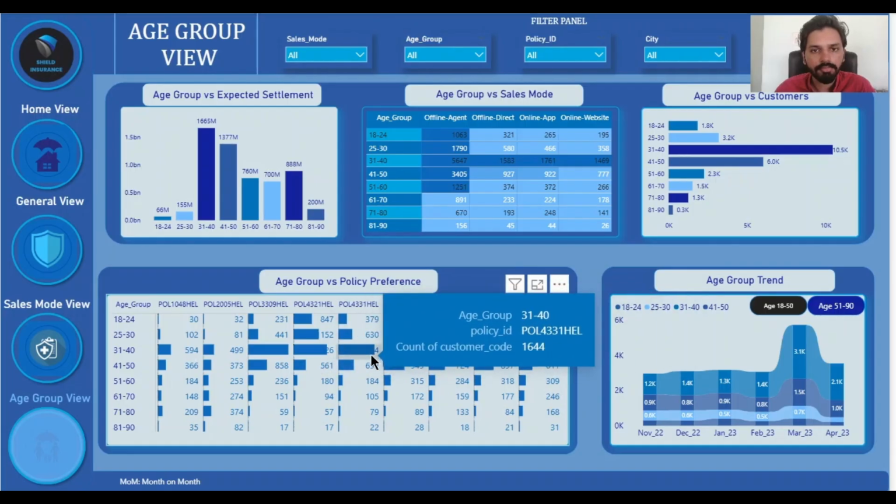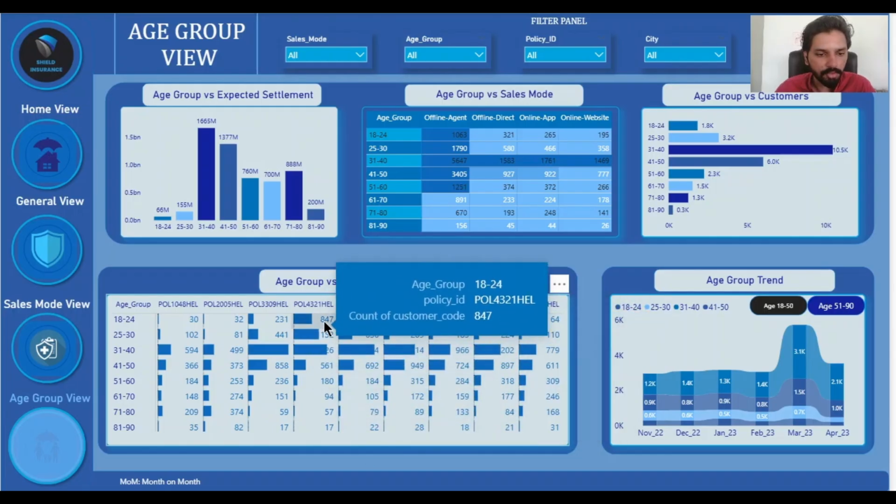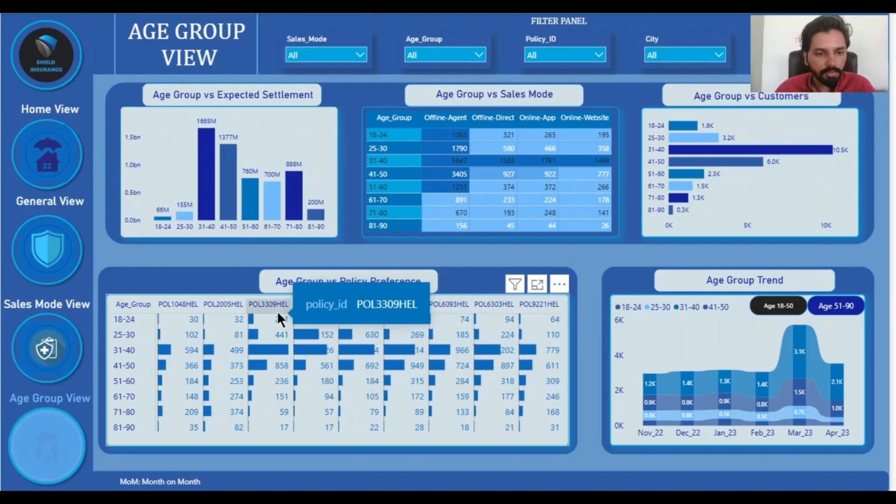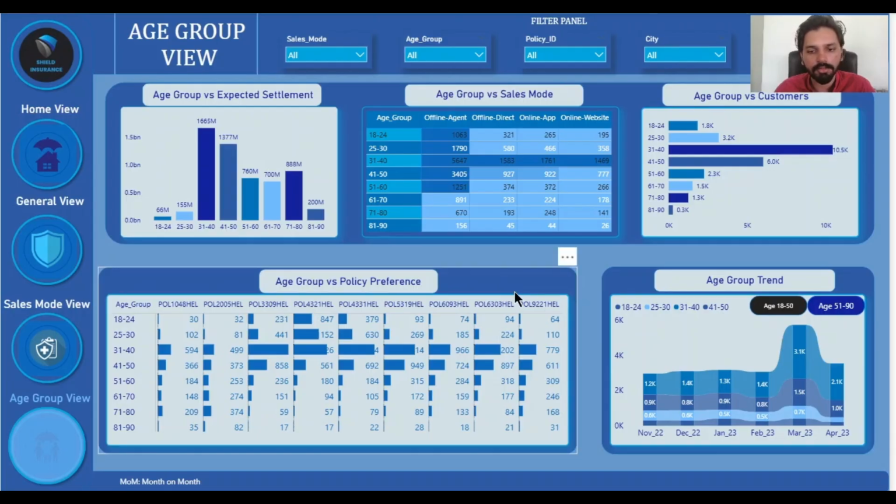So these are the top three policies mostly preferred by customers, especially in the age group 31 to 40. In other age groups also, the demand for policy 3309 and 4321 is pretty high. So these are the top three most preferred policies among different age groups.